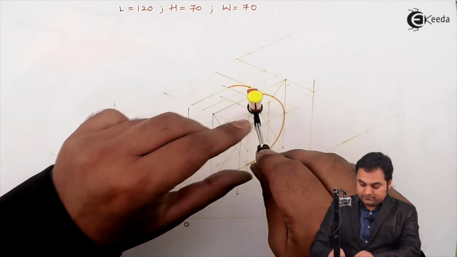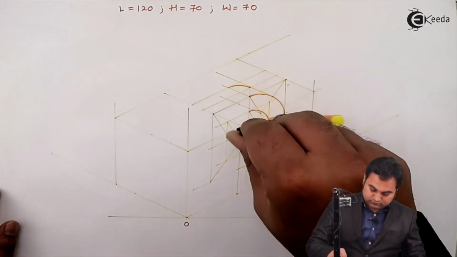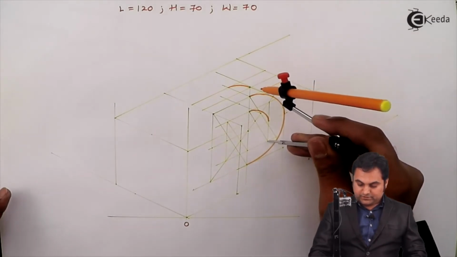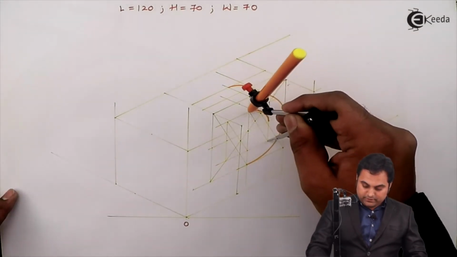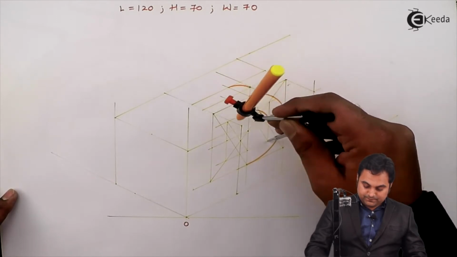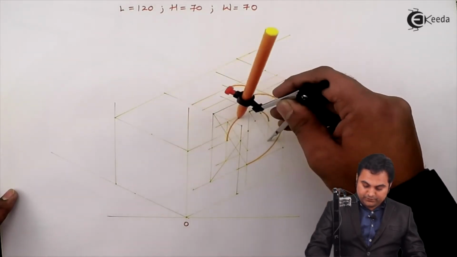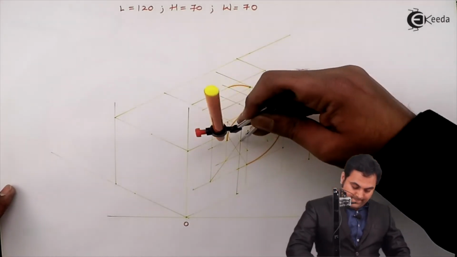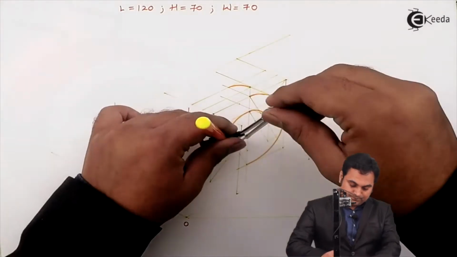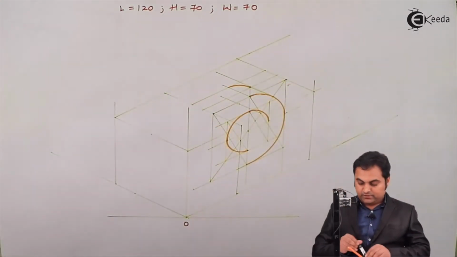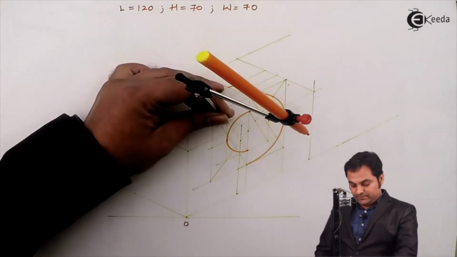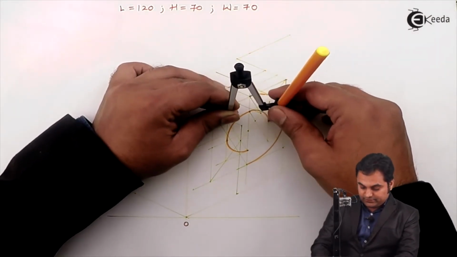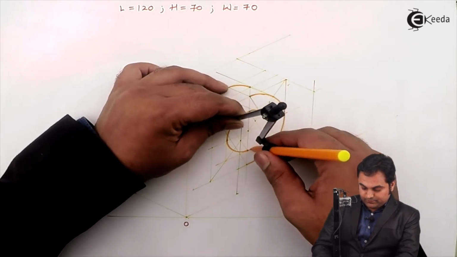Drawing a light arc, then keeping this center, that is the corner of the parallelogram, and this much radius, joining these two midpoints. Next, keeping this center, this much radius, drawing an arc. Next, keeping this opposite center, and here is the radius, joining these two midpoints.